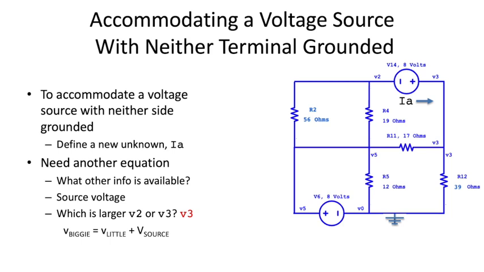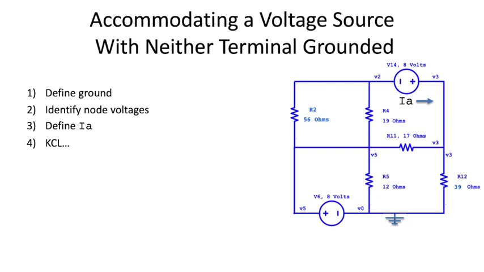Now, one way you can set up an equation like this and make sure you get the signs right, think: the larger node voltage is equal to the lesser node voltage plus the value of the source. So in this case, that's V3 is equal to V2 plus 8.